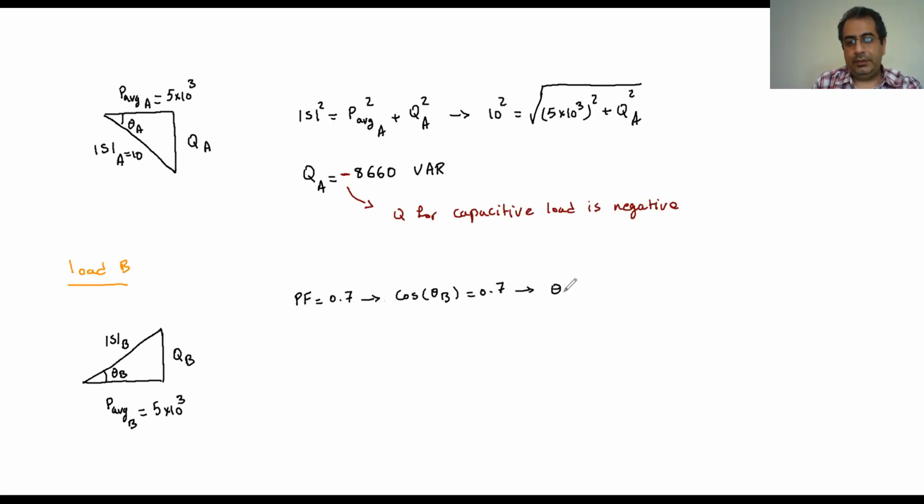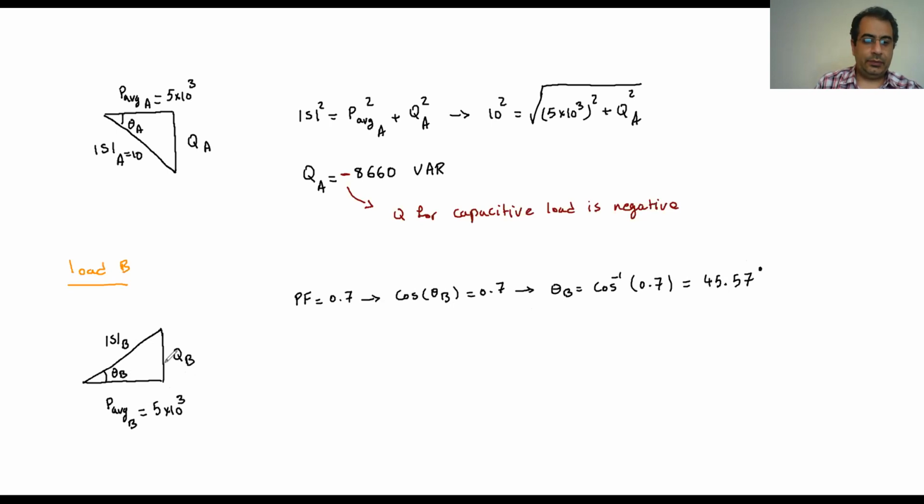And then the theta B is the cosine inverse, or arccosine, of 0.7, which is going to come out as 45.57 degrees. So this is the theta B. So now we know that theta B, and we can use this triangle to calculate the QB here.